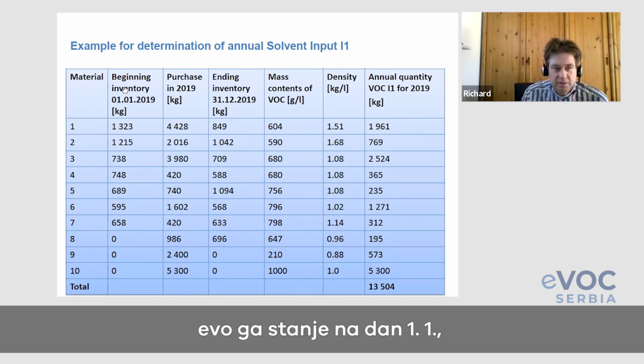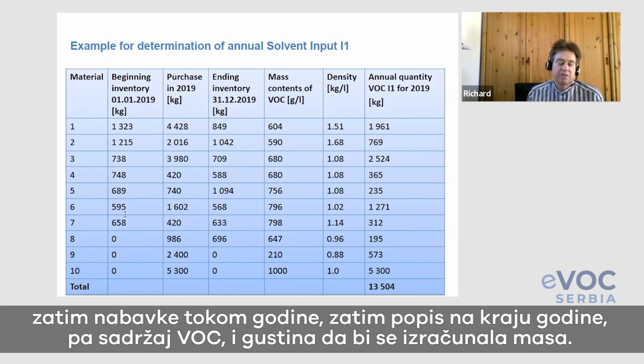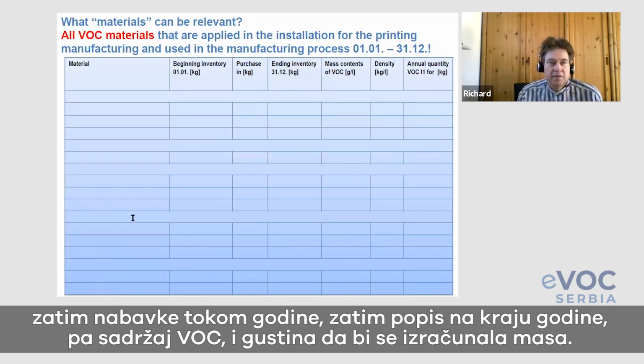When you start, on 1st January, you do the inventory and record what you have purchased, and at the end of the year the inventory, then you know what you have used. You know here the mass content of VOC, but then you need the density, and you can calculate the quantity. So you see how it could work.